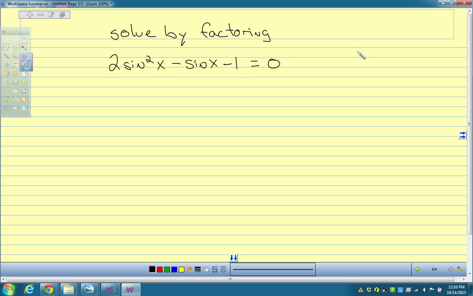This is just as if you wrote a little problem like 2x squared minus x minus 1 and tried to factor that. Who can tell me how that factors?